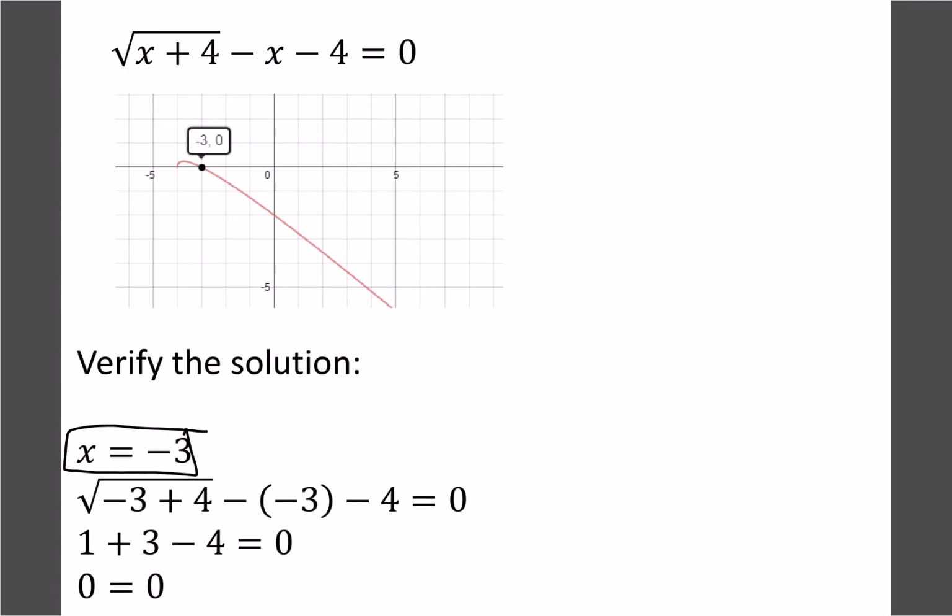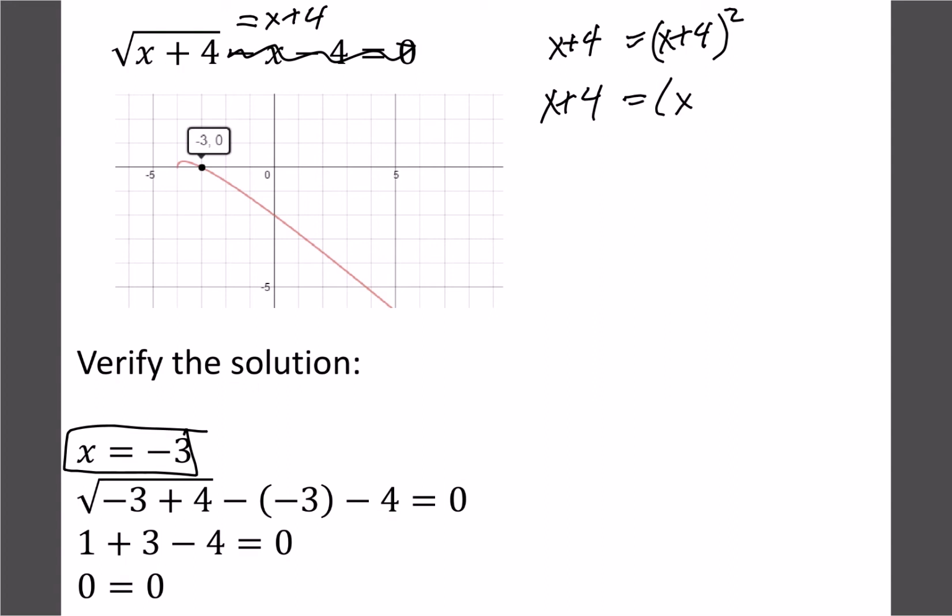What we want to be careful of, though, is a question like this. Let's leave it in the original form, equal to x plus 4 on the other side, and solve this one algebraically. If we square both sides, you'd have x plus 4 under the root, but then we'd also have x plus 4 on the other side, squared. Make sure when you do that, you FOIL it out.